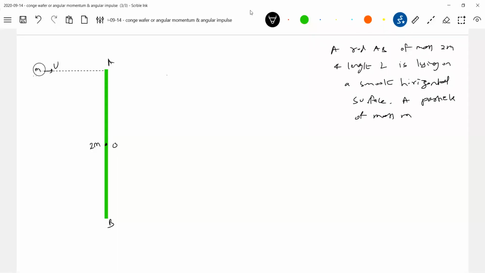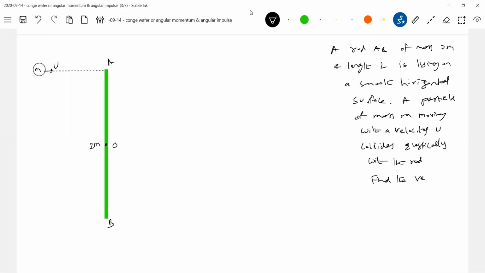A particle of mass m moving with a velocity u collides elastically with the rod.